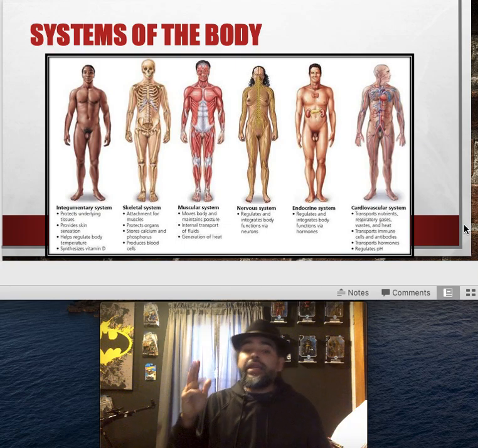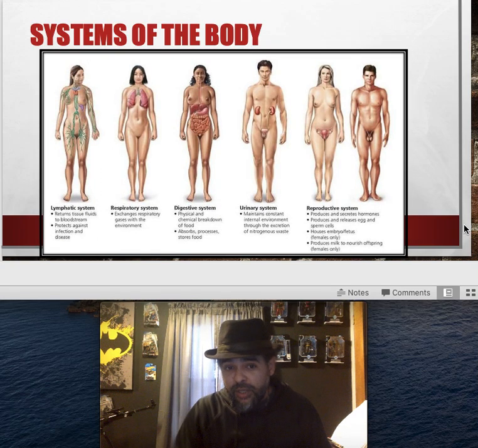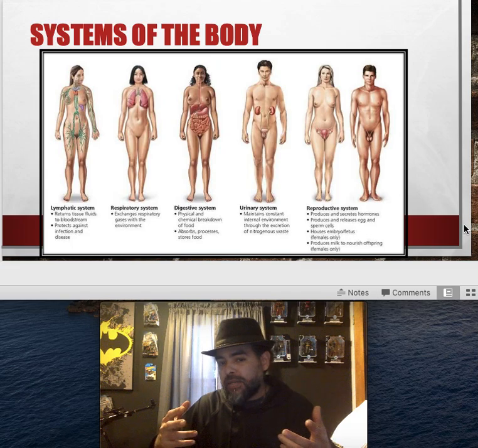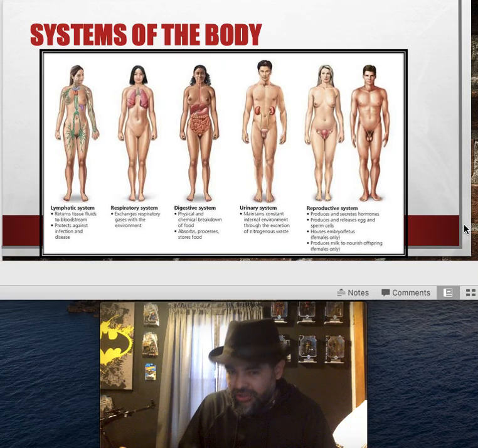Next, we have the cardiovascular system. It's about transportation of gases, transportation of nutrients to all of the cells of my body to maintain their healthy function. Moving on, we have the lymphatic system and we have the respiratory system. The lymphatic system is in a way related to the circulatory system, but we can think more of the lymphatic system as the immunological system.